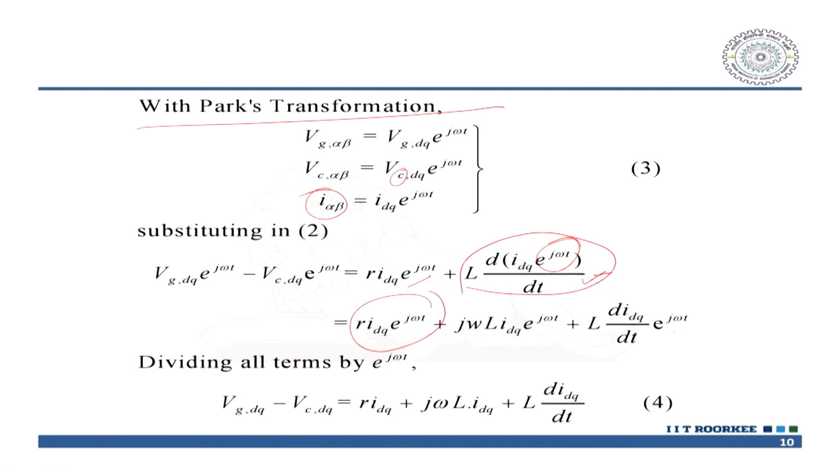Ultimately, you divide both sides by e to the power j omega t, that is nothing but the theta. So, you get the equation in the dq frame of reference, that is Vg dq minus Vc dq equals R I dq plus j omega L I dq plus L d I dq/dt. So, this is the equation.